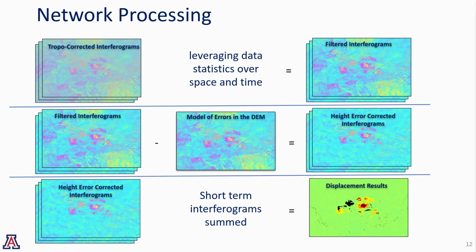And the final step, which I haven't mentioned yet, is to take all of my shortest duration interferograms, 11 days in this case, and convert their phase values to something like centimeters or inches, and use them directly to make displacement time series for each pixel. I can also easily compute things like a displacement rate layer, shown in the bottom right, or make a map of which areas are accelerating, for instance.